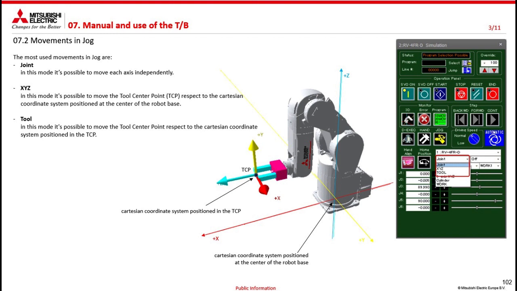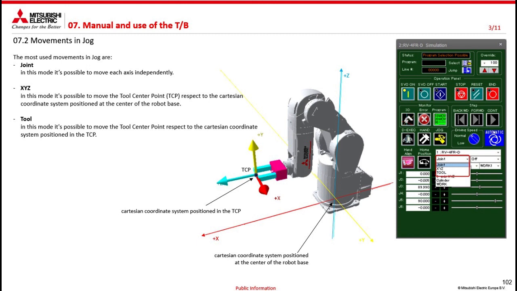How can we move the robot in jog? We can use 6 different modes that you see in this drop-down menu. They are the same 6 modes that you will then find on the teaching box. The three most used are the joints mode, the Cartesian mode, and the tool mode. In the joints mode, it is possible to move each axis independently.